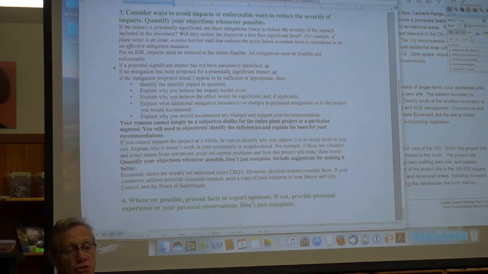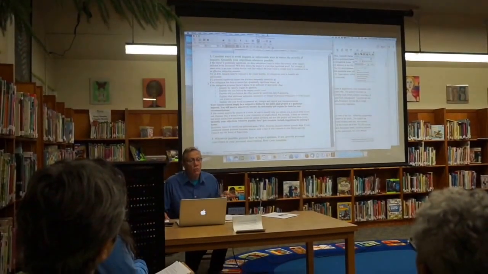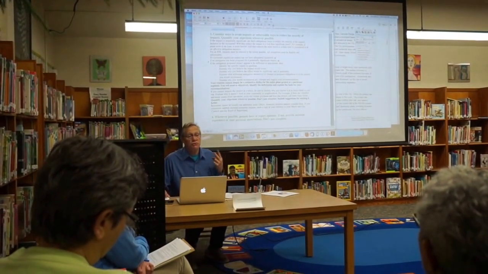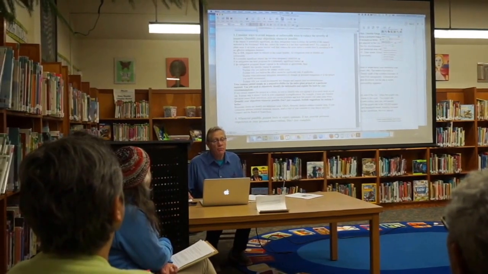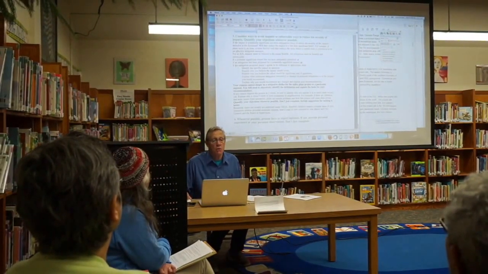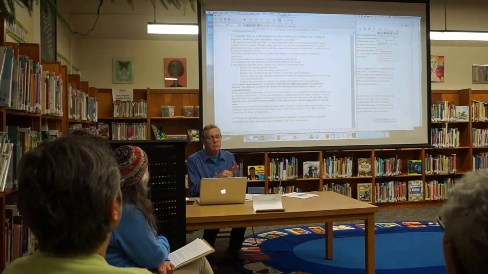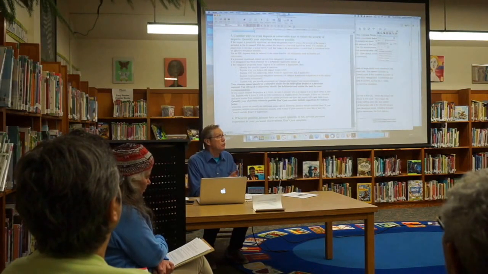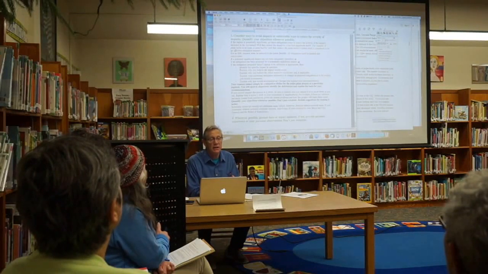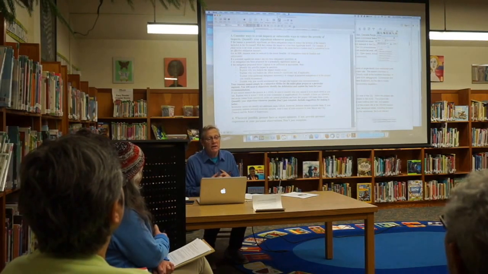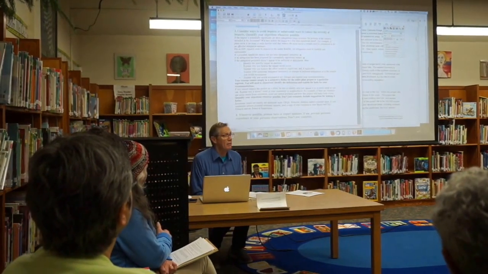If a potential significant impact has not been adequately identified, or if no mitigation has been proposed for a potentially significant impact, or if the mitigation proposed does not appear to be sufficient or appropriate, then you should identify the specific impact, explain why you believe that impact would occur, explain why you believe the effect would be significant, and explain what additional mitigation measures or changes to the project you would recommend.